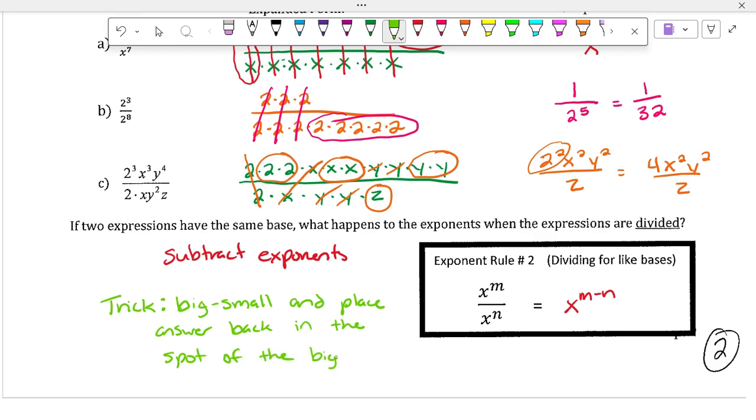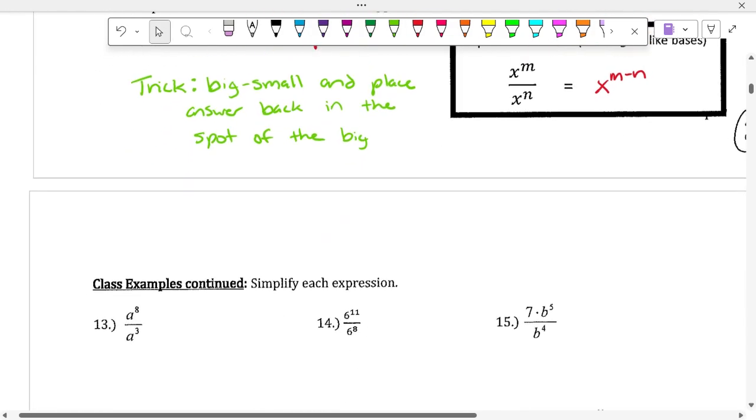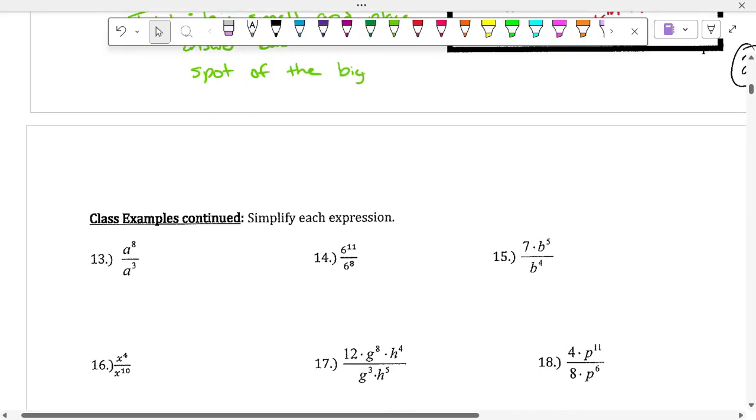So wherever my larger exponent was, if it was in the numerator, I would place my answer back in the numerator. If it was in the denominator, I place it back into the denominator. So let's do a couple examples and you'll see what I mean.